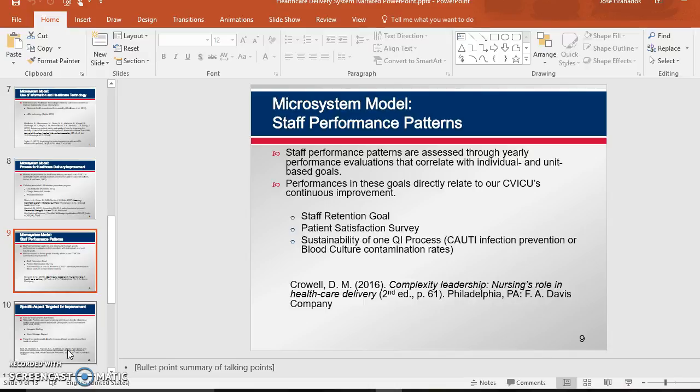The next slide is staff performance patterns. This has to do with individual and unit-based goals that are tied into our evaluations, and three on the slide are staff retention goals, patient satisfaction surveys, and sustainability of a QI process.